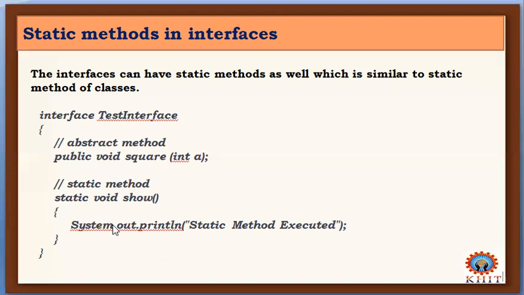Generally, an interface contains only abstract methods, those methods whose body is not present inside the interface. But from Java version 8, it has been introduced that static methods and methods with a definition can also be written inside the interface.